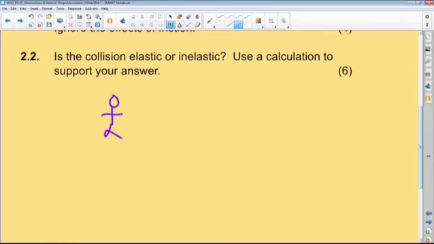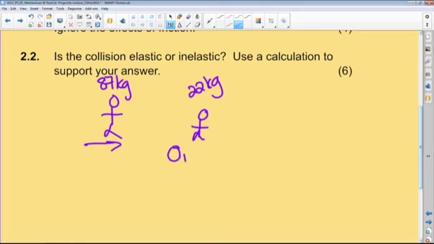They tell me he's got a mass of 87 kilograms and he's moving towards a boy. We have a little boy over here of 22 kilograms who is standing directly in the man's path. So that means the boy's initial velocity is 0.